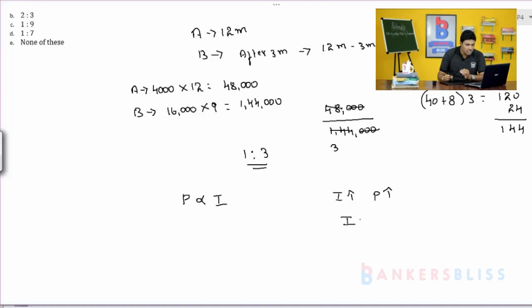As investment decreases, profits also decrease. Here they are not speaking about market demand or the capacity of their production, those factors don't make any impact. They speak only about two things, the investments and the profits. Both are directly proportional to each other.